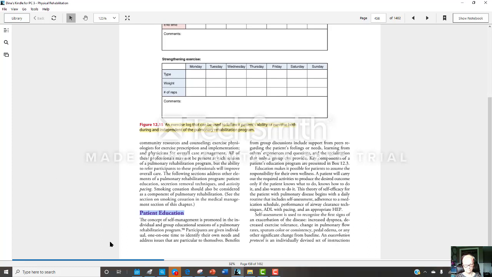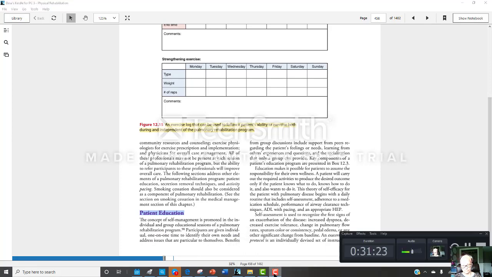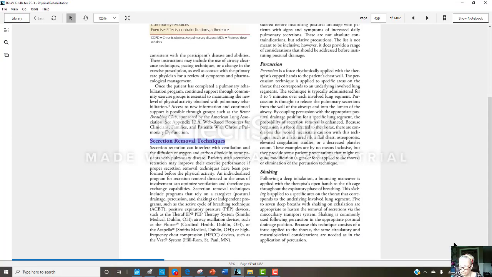Manual secretion removal techniques, postural drainage: positioning of patients so that the bronchus of the involved lung segment is perpendicular.